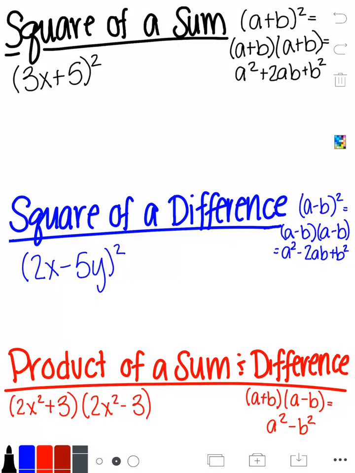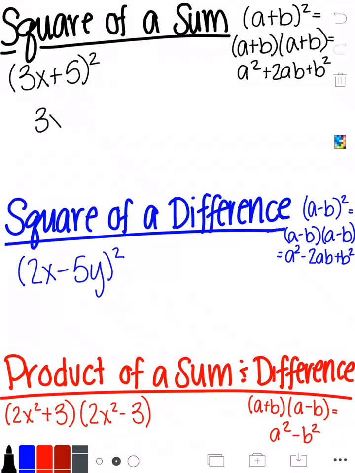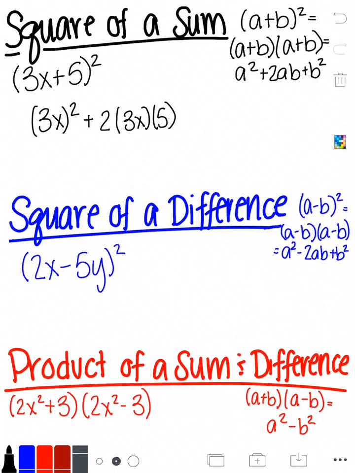So first we're going to start with a, which is 3x, and we're going to square that, plus 2 times 3x times 5, right, a, b, and then plus b, which is 5, squared.